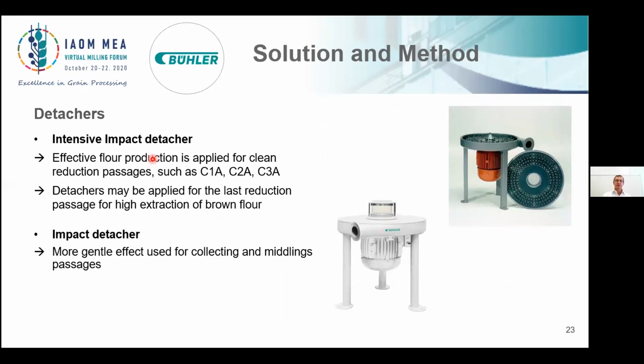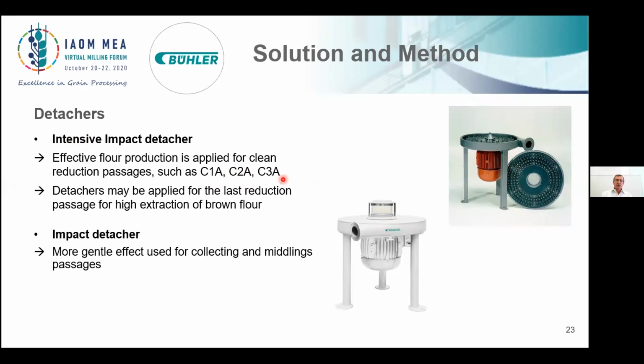It can be an intensive impact detacher, or an impact detacher. When we talk about intensive, we talk about detachers which have 3, 4 rows or circles of pins, and they work very intensively. They are used in the clean semolina like C1A, C2A, C3A, but can be used also at the tail, at the end of the mill, just to make a higher extraction of brown flour.